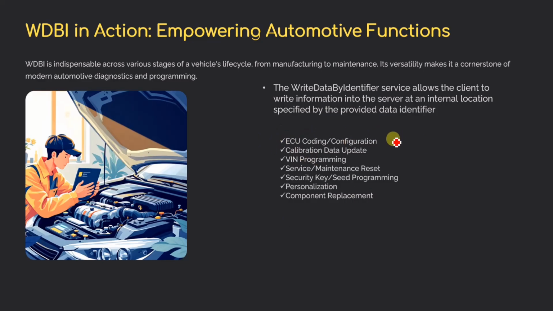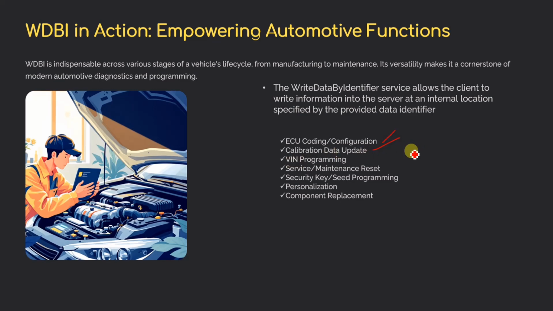For example, ECU coding and configuration. We can update the vehicle or ECU configuration parameters, like enabling or disabling features, or region-specific updates. Calibration data update: change calibration values for engine, transmission, or other control systems, like fuel maps and sensor thresholds.